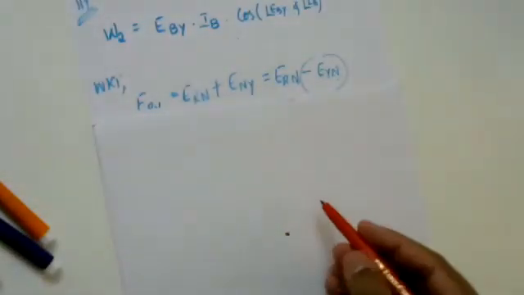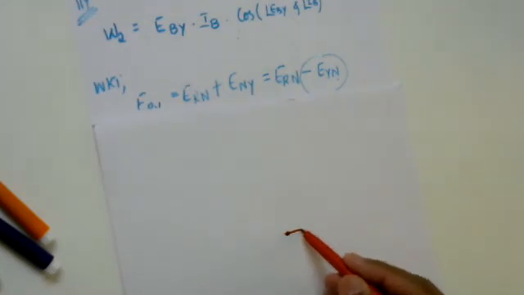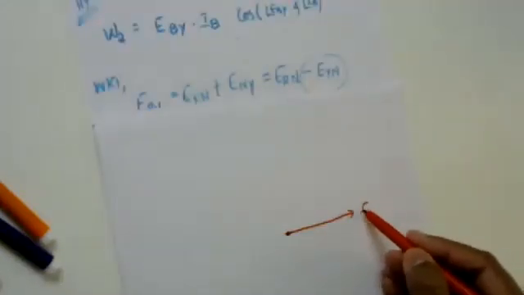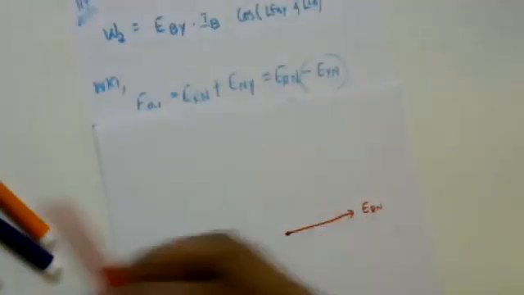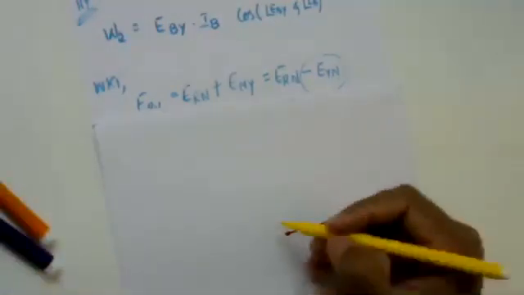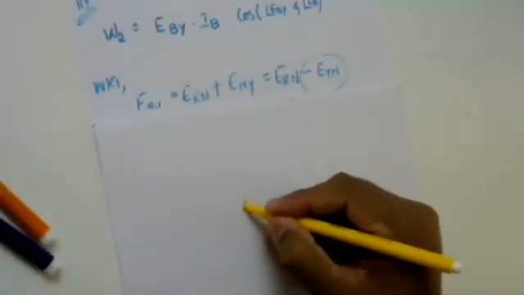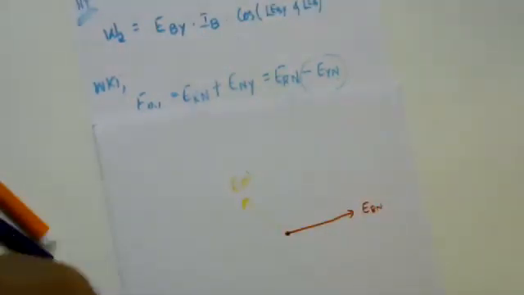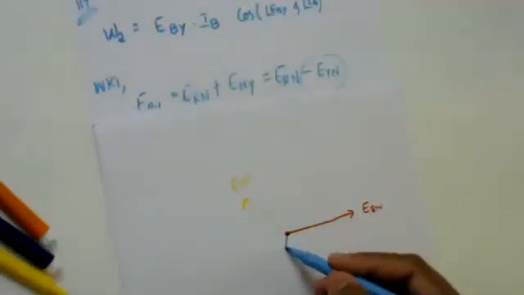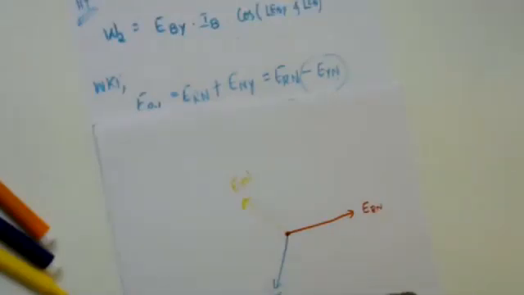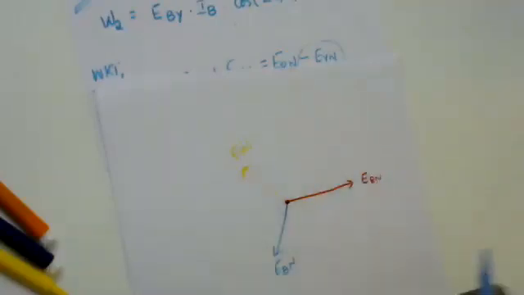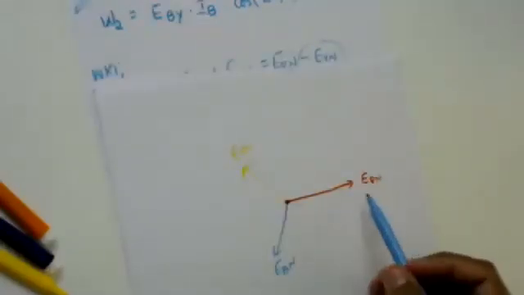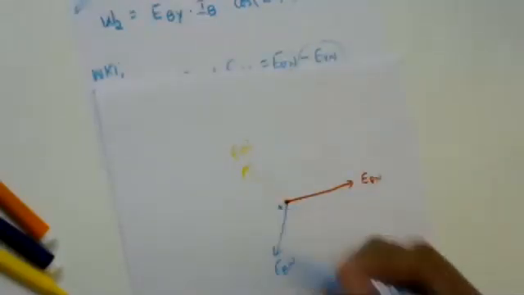First we are going to draw the vectors for ERN, then next EYN, then next I'm going to have my EBN. So this is my vector diagram, my origin.